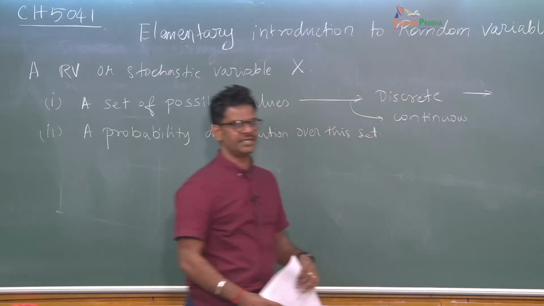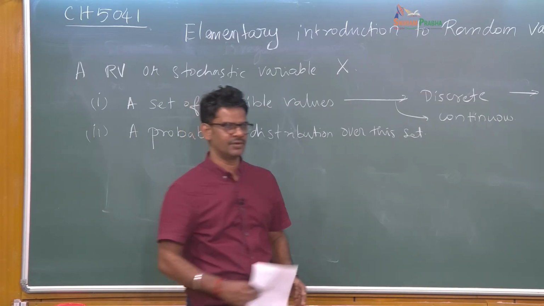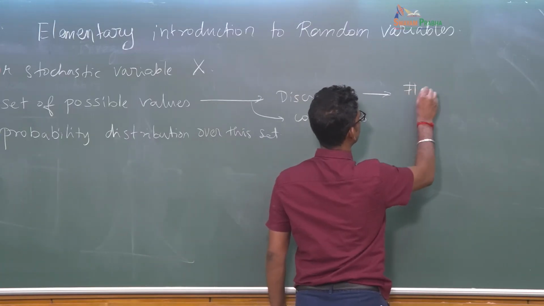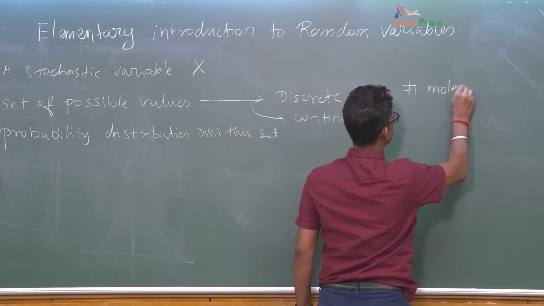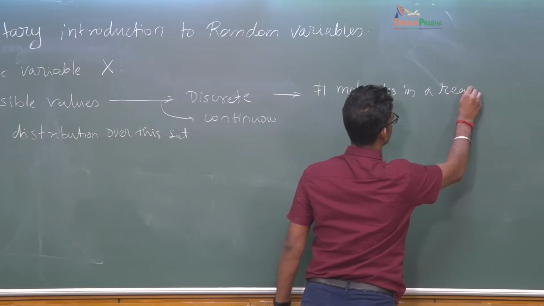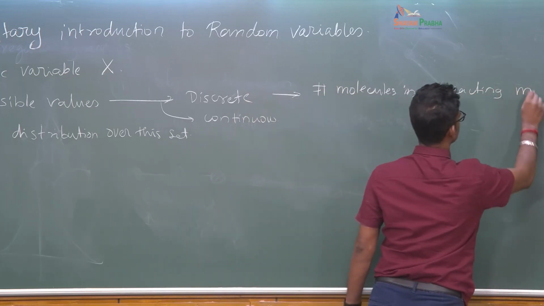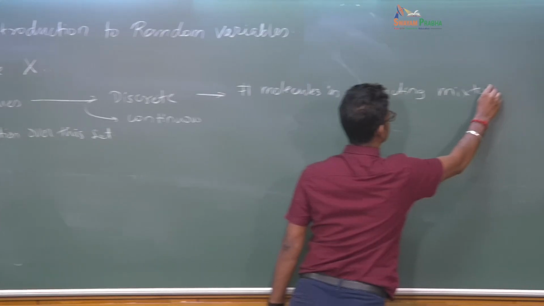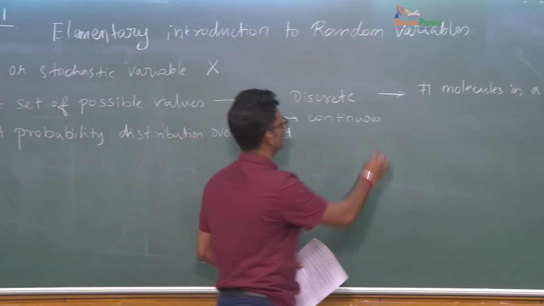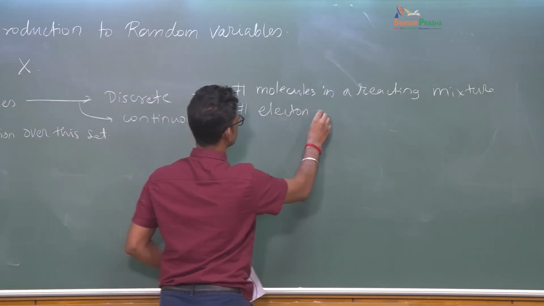When we say discrete, we mean, for example, the number of molecules in a reacting mixture, which is an integer variable, so that's a discrete number. Or the number of electrons in a conduction band.